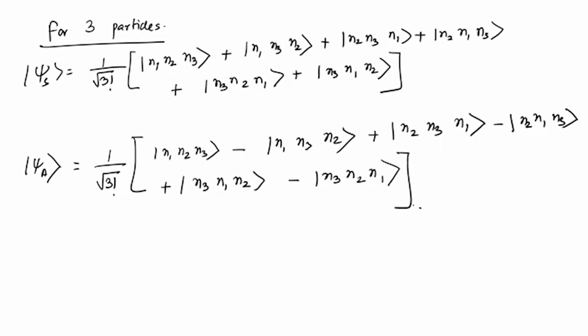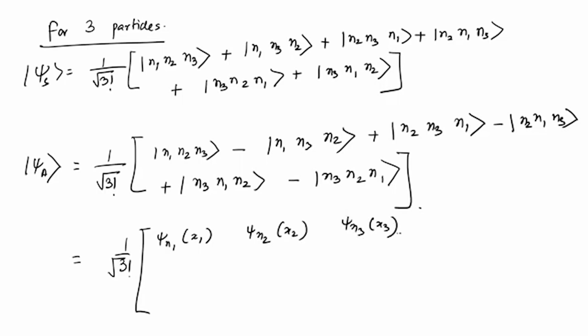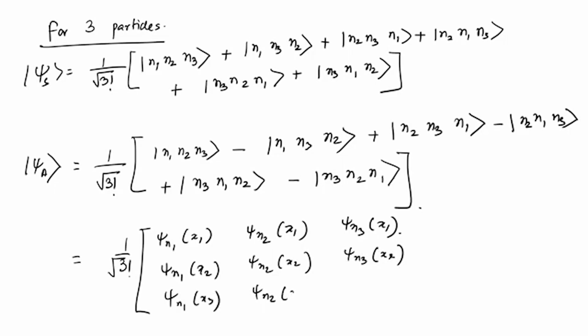So, this will give rise to the Slater determinant, which gives you, for example, psi n1 x1, psi n2 x1, and psi n3 x1, then psi n1 x2, psi n2 x2, and psi n3 x2, and psi n1 x3, psi n2 x3, and psi n3 x3.